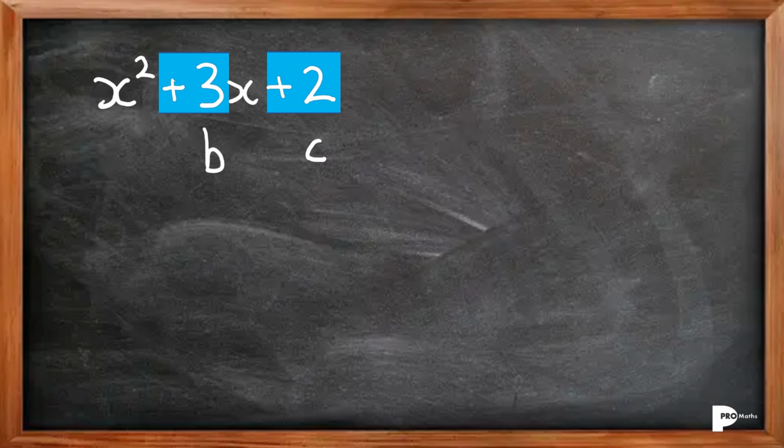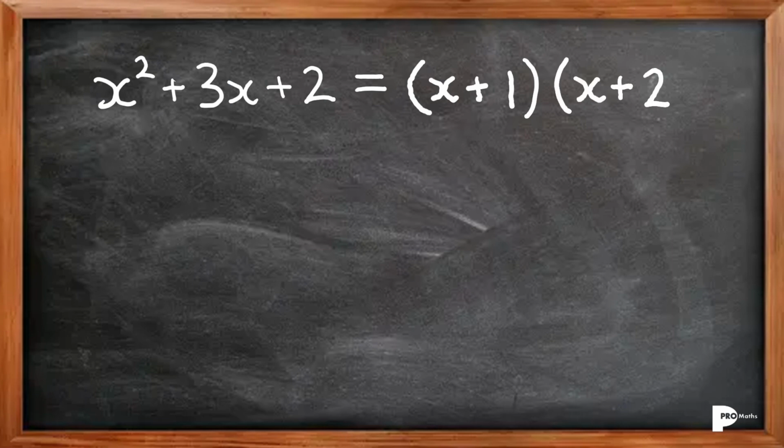Then you find two numbers that multiply to c and add to b. This is where you might make a list and find all the factor pairs, and it could take you a bit of time, but the more you do, the quicker you're going to get. The two numbers here are positive 1 and positive 2. So to factorize this, we simply write x plus 1 times x plus 2.